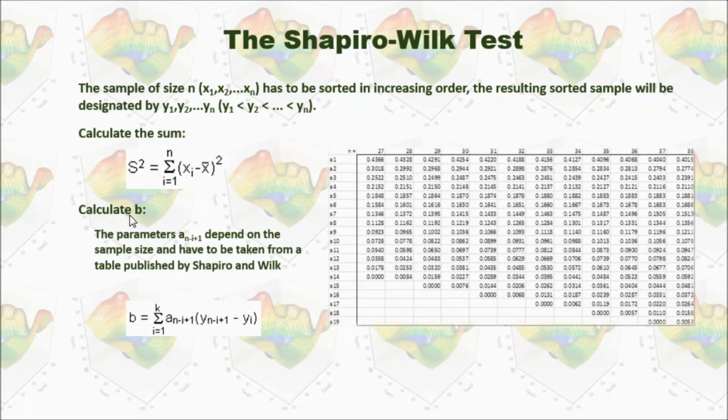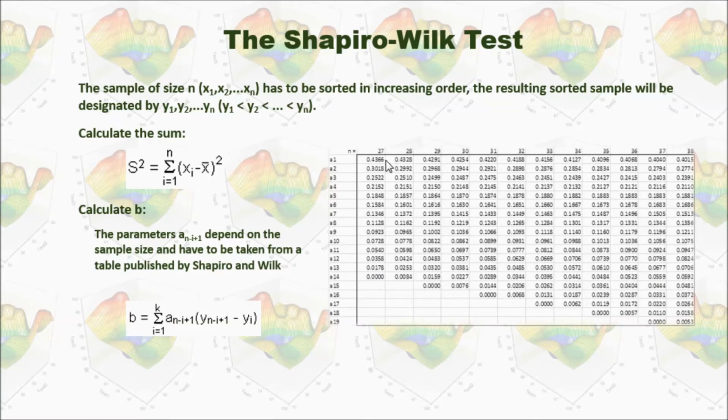And then we calculate B. So how do we calculate B? B is calculated with this formula. First, it will take the difference from this sorted sample data and then times A. The A comes from this Shapiro-Wilk table.